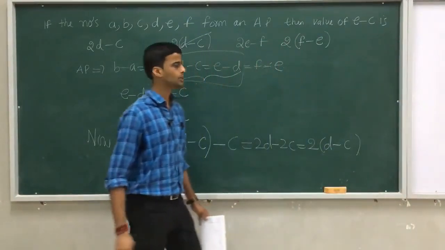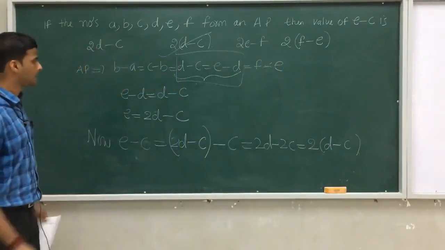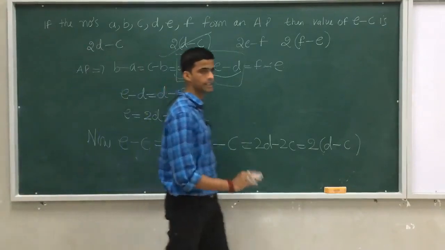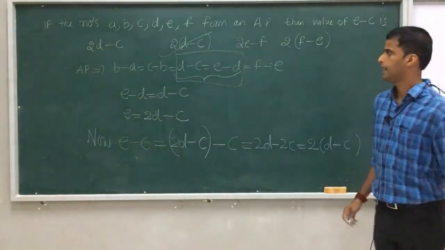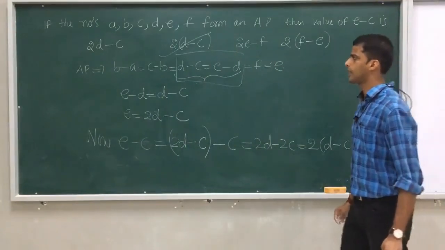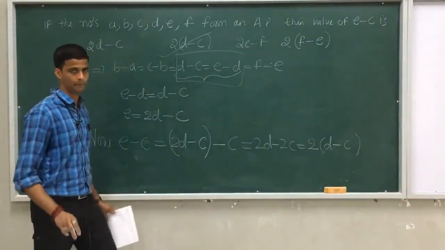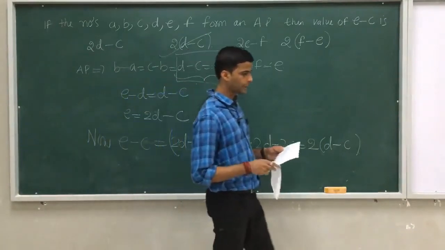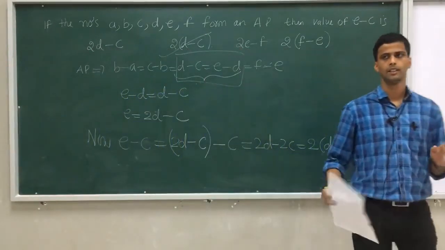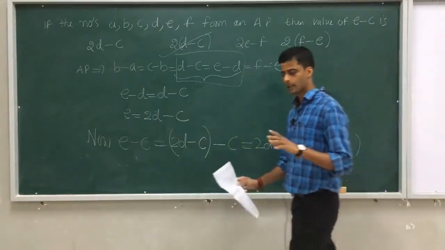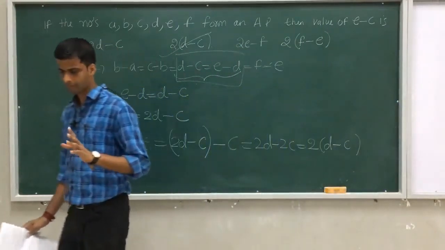Understood? So what we have done is very basic level, we have done these problems, and we tried to answer all these questions in a very stipulated time. Therefore, one thing we observed here is, we have to make our basics very strong.